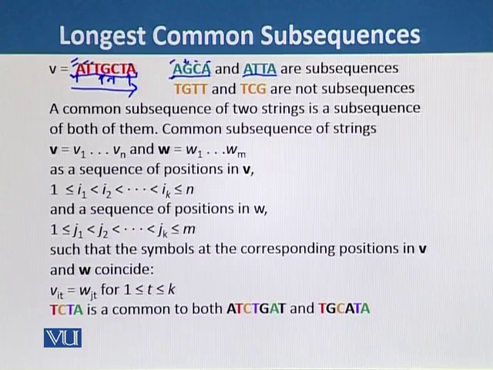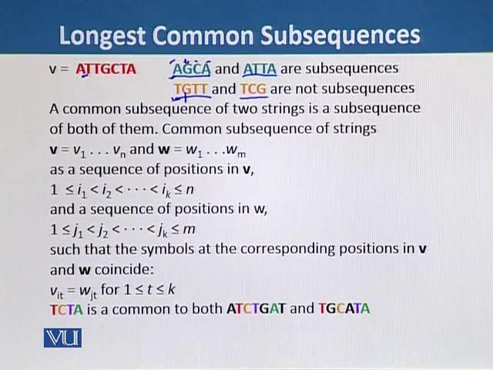But these two sequences, TGTT and TCG, are not subsequences because they are not in ordered form. We can see here that the first letter is T, then G is also in order, and T is also in order, but the last T is not present after this T. So this is not a subsequence of this V string.